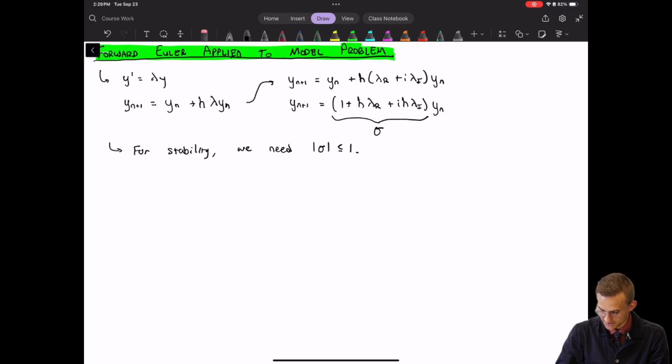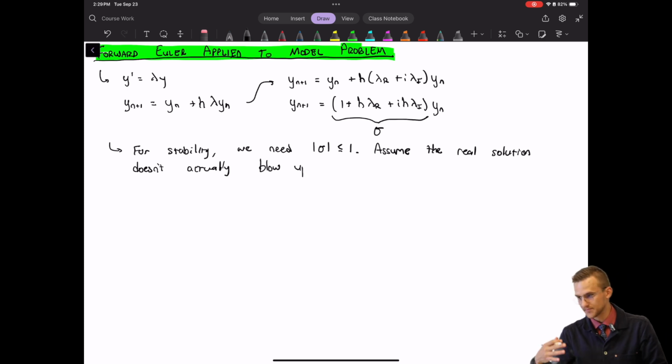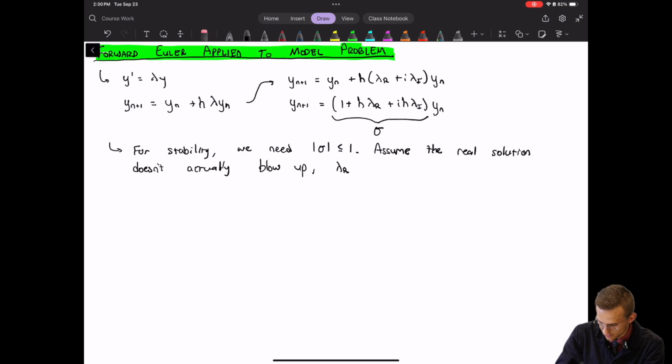So what we're going to do is assume the real solution doesn't actually blow up. The proper behavior would be that the solution would not exponentially grow with time. So that means that we're assuming that lambda r is less than or equal to 0.